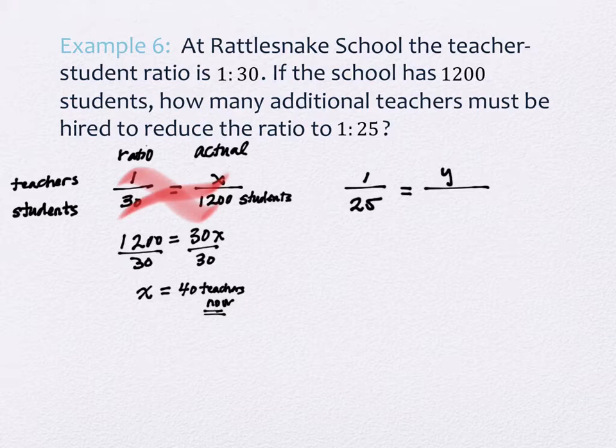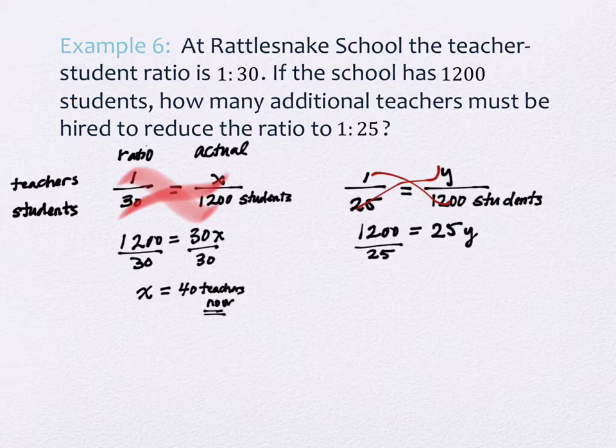So we've got y, and we still have the same 1,200 students. If I cross multiply, I still have my 1,200, but now it equals 25y. So I'll divide by the 25, process stays the same. And what is 1,200 divided by 25? 48.